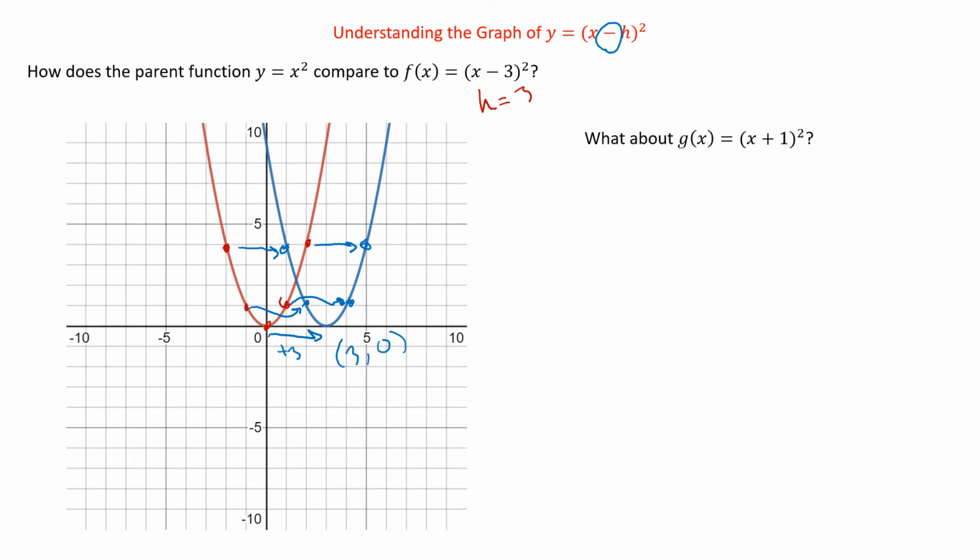What if we went x plus 1 squared? Well, remember, this could be rewritten as g of x equals x minus negative 1 squared. So h in this case is negative 1. So we're going to take each of those points and move it negative 1. So we're going to go to the left 1.